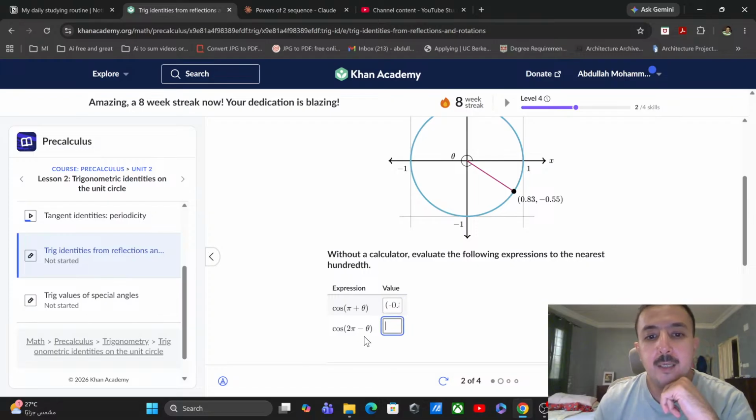Okay, 2 pi minus theta. So what we're gonna do is 2 pi minus theta. Where is it gonna land?